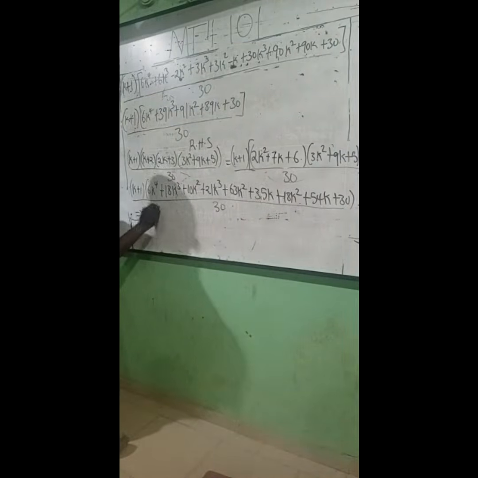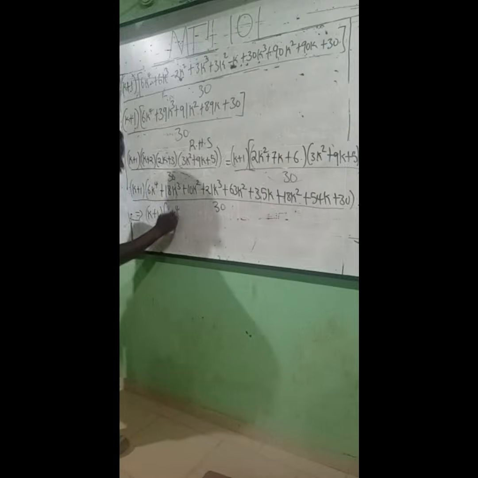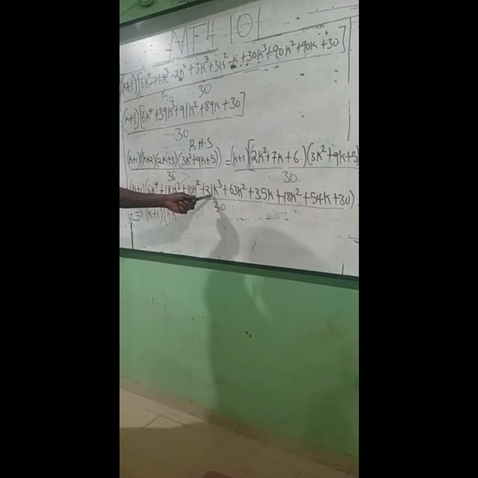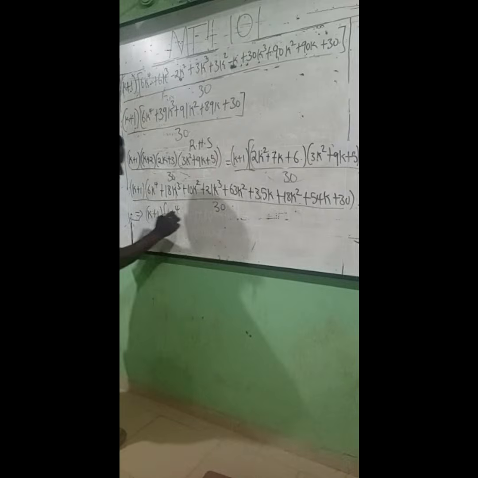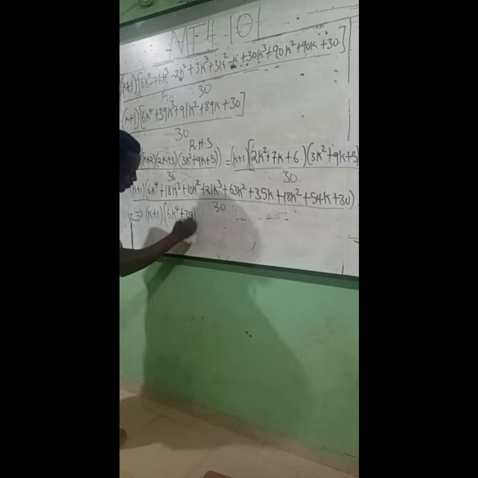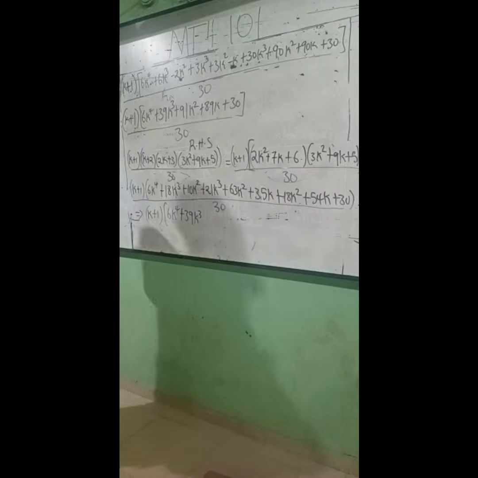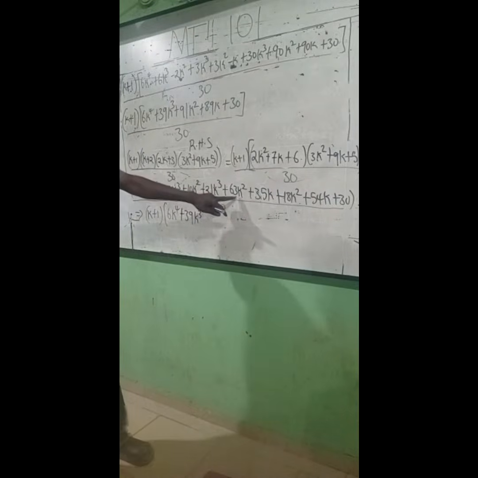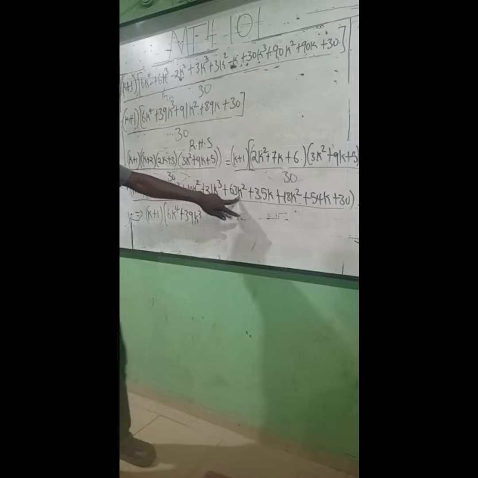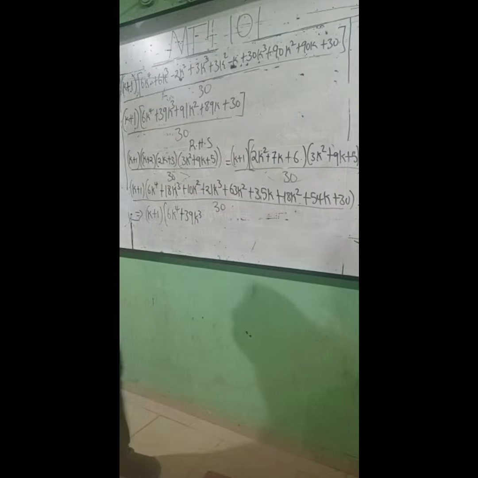So equals to what? k plus 1 into 6k^4. 18k cubed plus 21k cubed, that's 39k cubed. They are looking alike. Now let's move to squared: 10k squared plus 63k squared plus 18k squared, it's 91k squared.